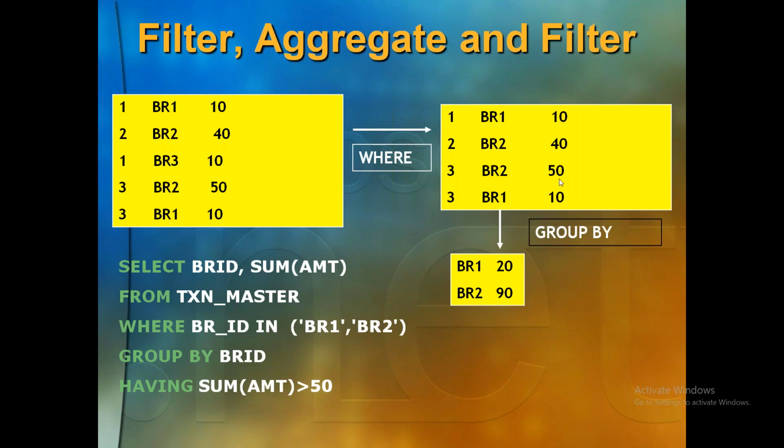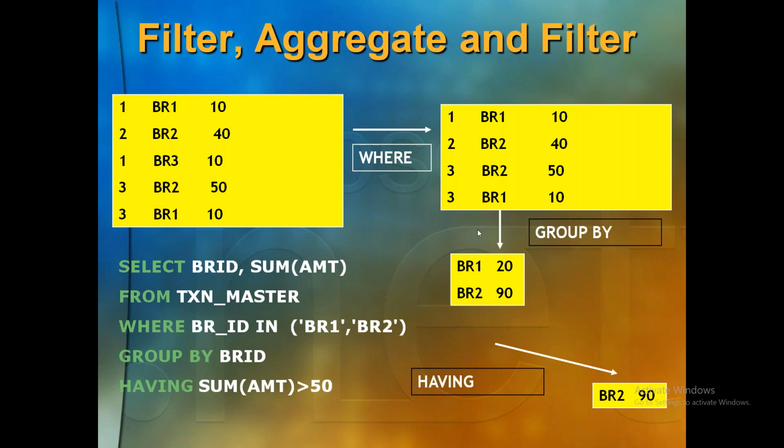BR2 40 and 50 is 90. Then I'm saying having sum of amount greater than 50. The having clause is applied after aggregation. If the sum of amount is greater than 50, show me. So the final result is branch BR2. This is one filter and this is one filter, and in between you have group by and aggregation.